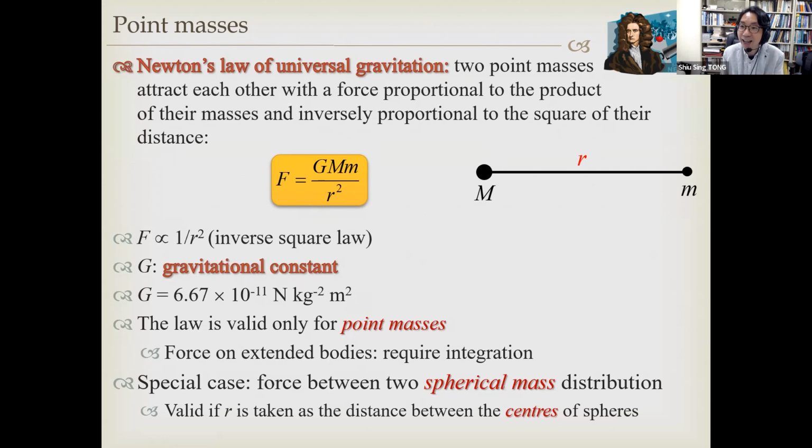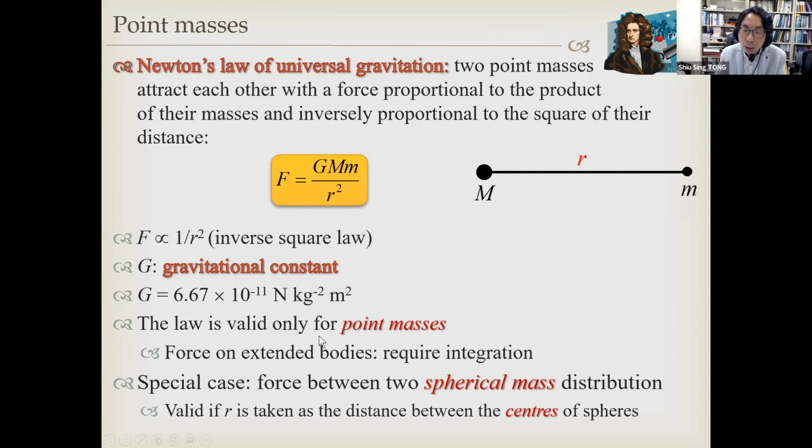Coulomb's law also states that the attraction or repulsive force between two point charges is inversely proportional to the square of the distance. Okay, so there are quite a number of force laws which obey the inverse square law form. And the proportionality constant G is known as the gravitational constant, and it takes on such a value and units in SI units.